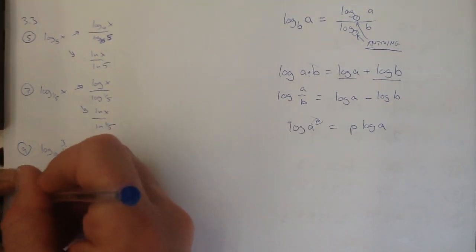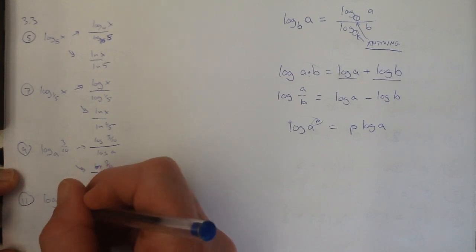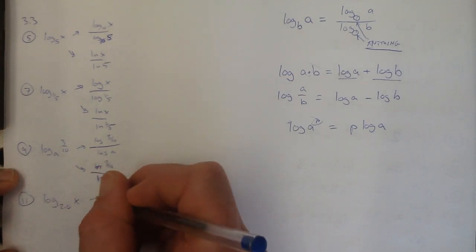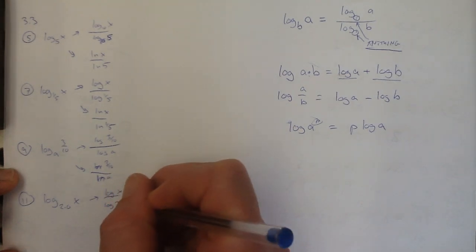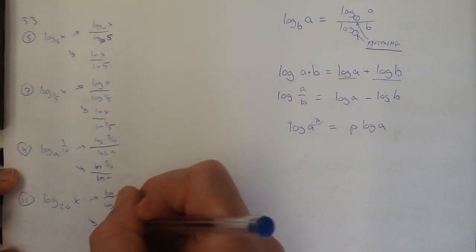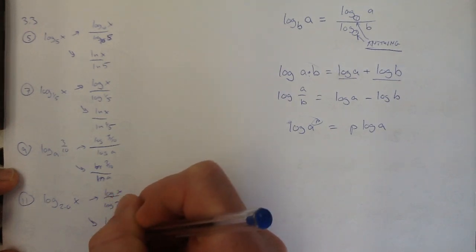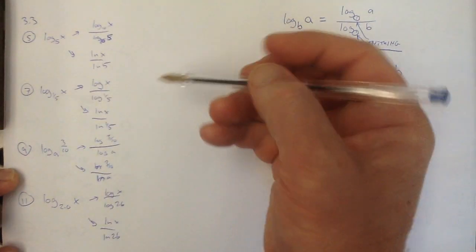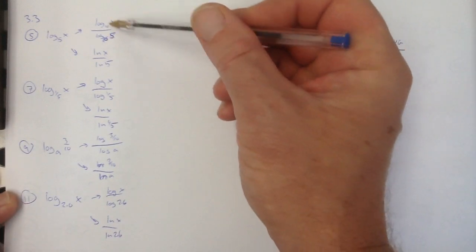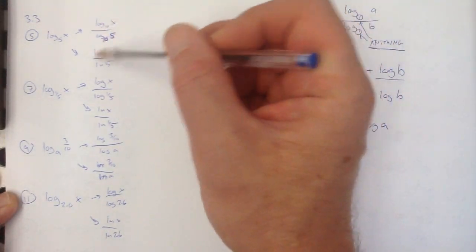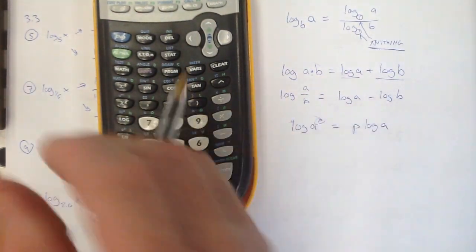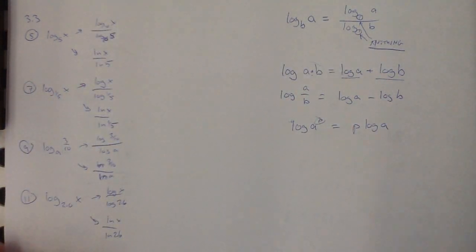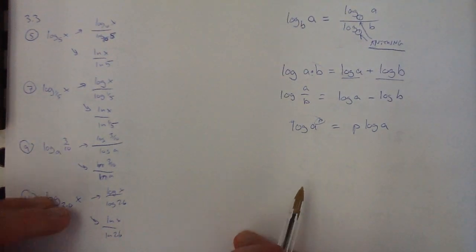And number 11, the log base 2.6 of x can turn into log x over log 2.6, or natural log x over natural log 2.6. And you could change it to any base you want. It's just that 10 and natural log, again, those are the ones that we have in our calculator. So that's what we like to change it to.